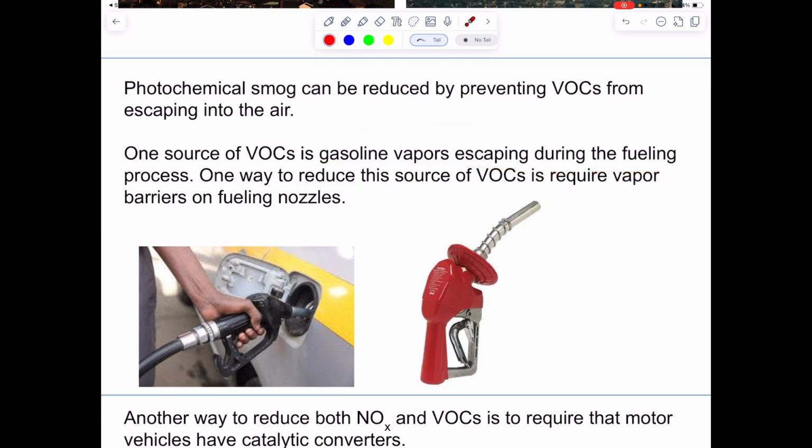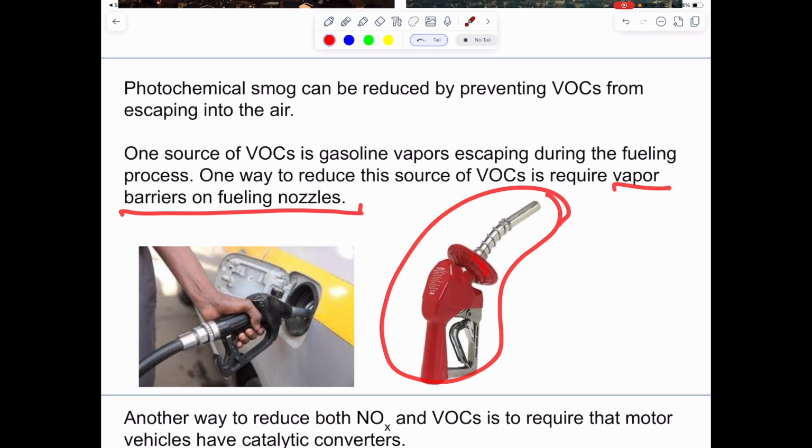And for the longest time, this was because there really wasn't a barrier between the gas tank down here and this open entry point. So what they've realized is, all right, we're going to put in these vapor barriers on the fueling nozzle. So when you fuel up, these barriers here help prevent those VOCs from leaking out.